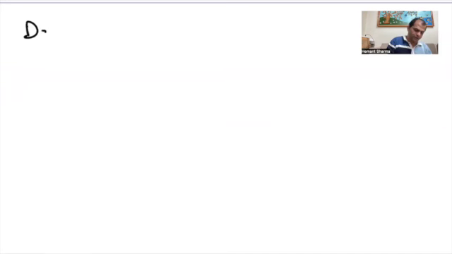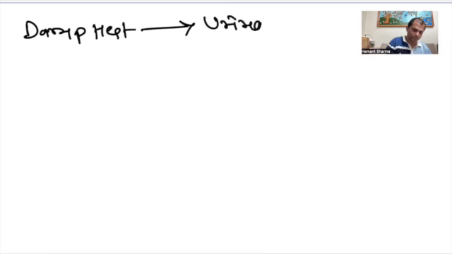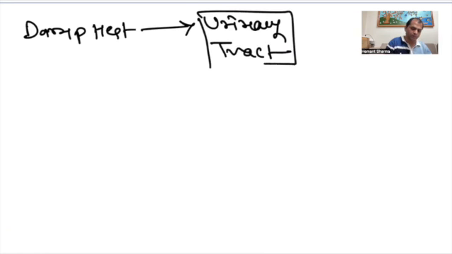Suppose a damp heat in the urinary tract. अगर पेशाब के रास्ते में डैम्प हीट बढ़ गई, so it will create UTI, urinary tract infection.